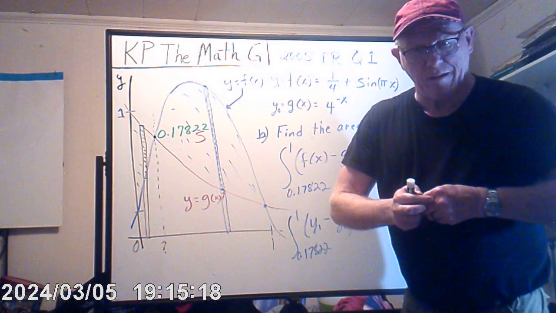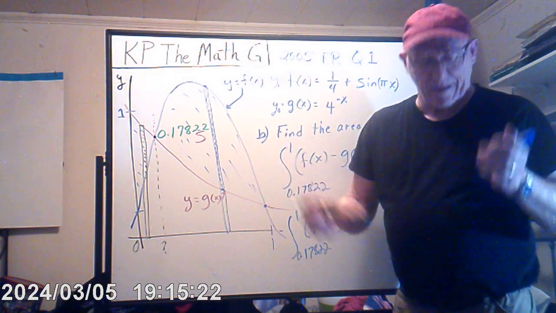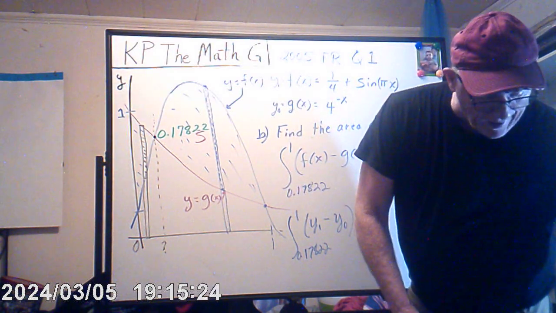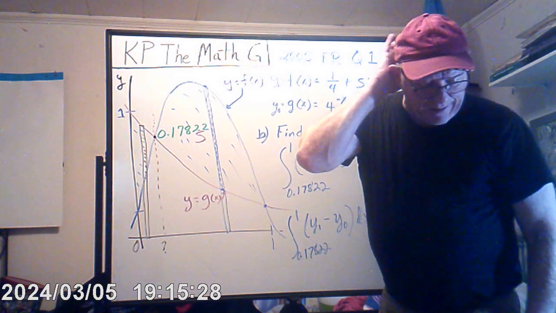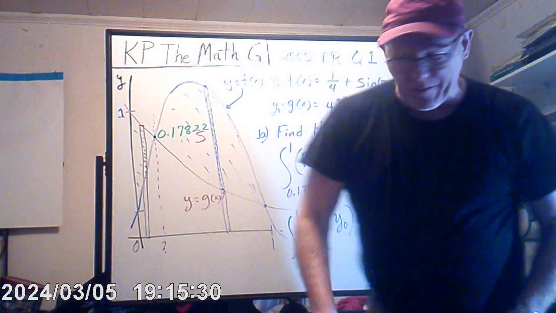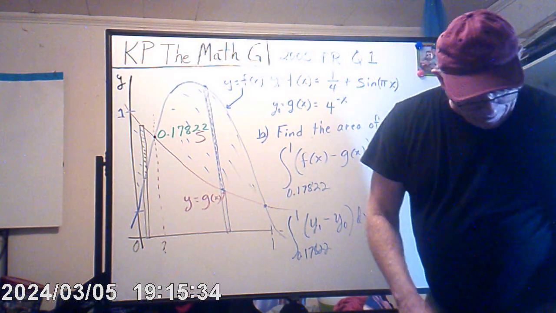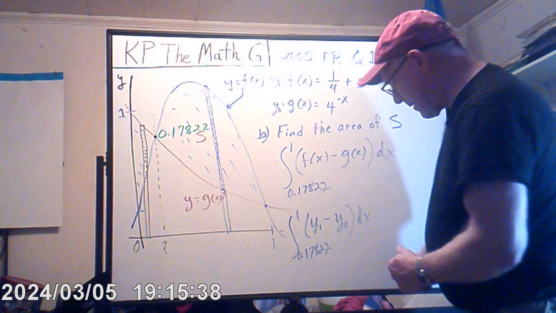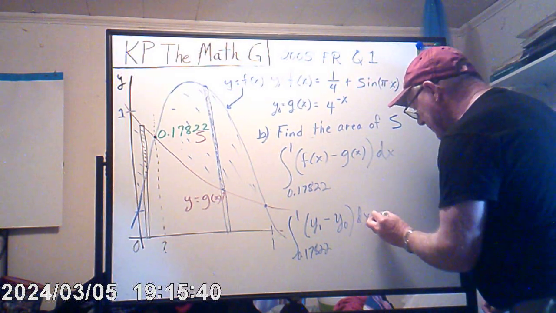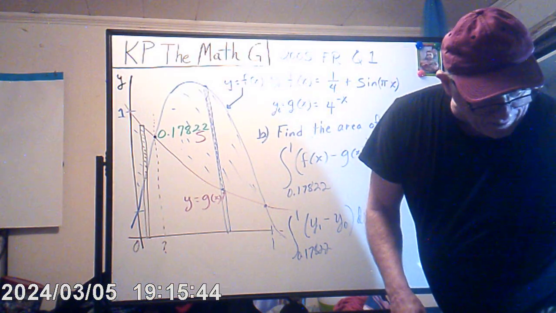On some of your calculators, you may not have a y sub 0, I don't know. But that is the idea behind this. And then you could do that again, and of course you would come up with your answer, which would be about equal to a little bit bigger number, but not much.